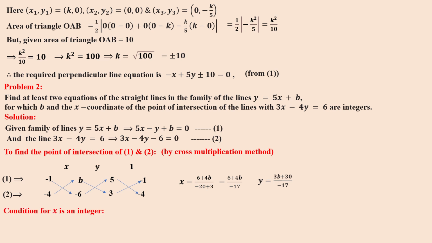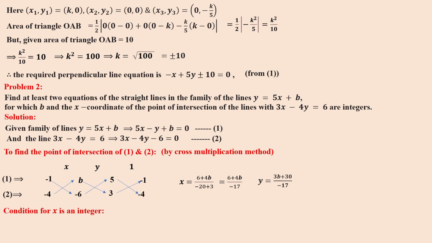So the condition is that x is an integer. They said the x coordinate of the point of intersection of the line 3x - 4y = 6 and y = 5x + b is an integer.